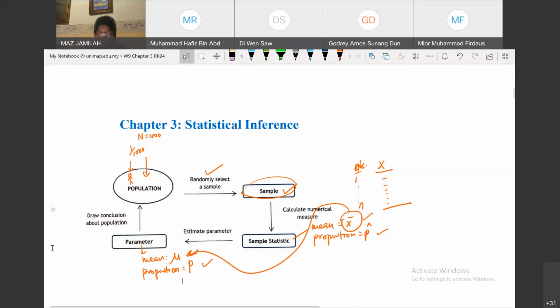It will involve a few procedures, namely point estimation or interval estimation, as well as hypothesis testing afterwards. So I hope by now you know that when we have our X bar, we are going to make inference for our population mean, that will be mu.